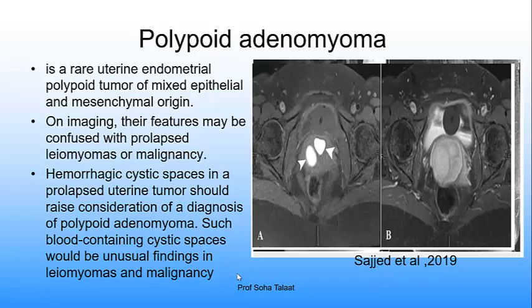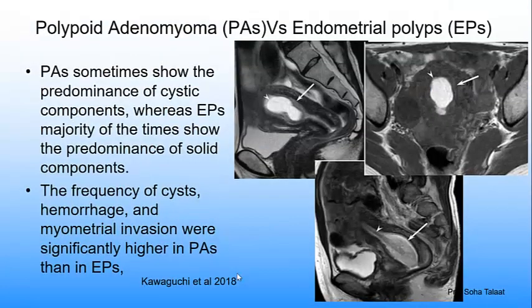So we have to see all the multiparametric MRI in this lesion, whether there is enhancement or not, in order to diagnose polypoid adenomyoma from the more common leiomyoma or malignancy in the postmenopausal age group.